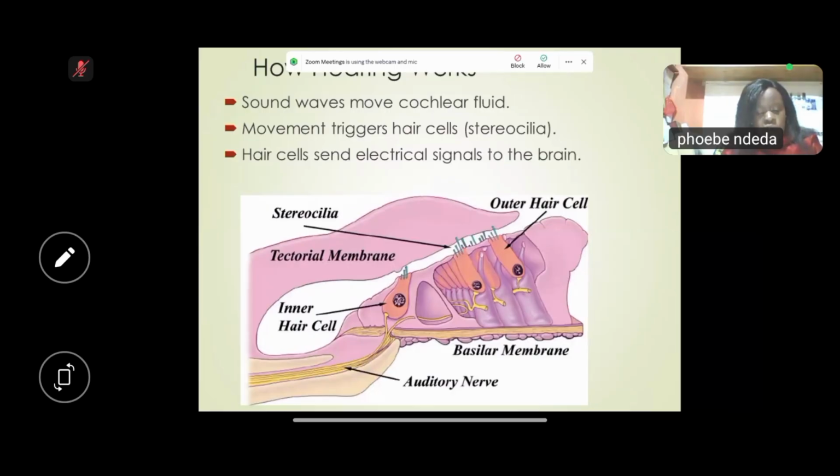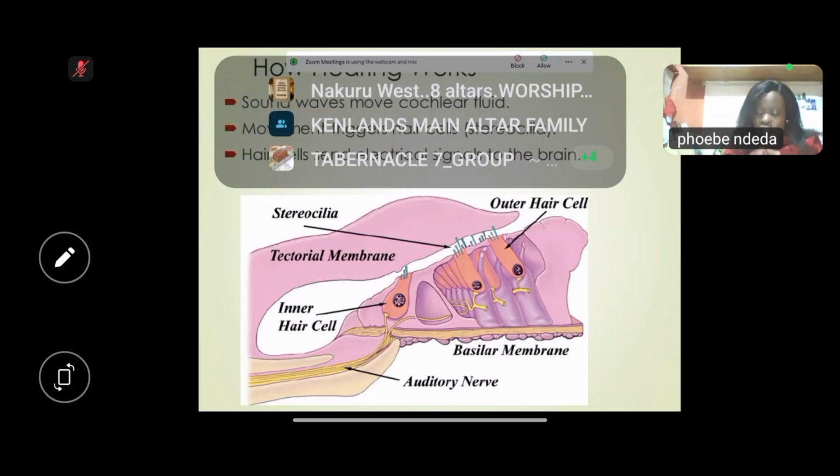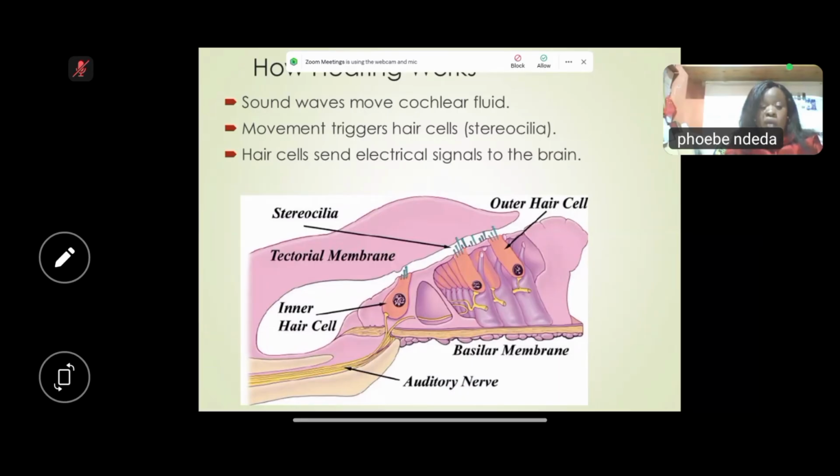Now, the organ of Corti contains tiny hair cells with stereocilia at the end. These stereocilia are delicate hair-like projections that react to cochlear fluid movement. Thus, they're the ones that send signals to your brain for translation, and it causes you to act on whatever you've heard. And that is how your hearing works.